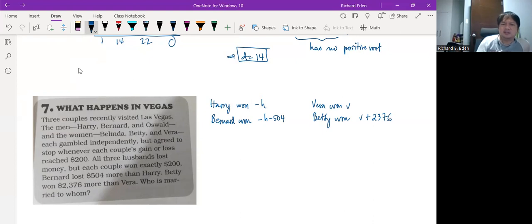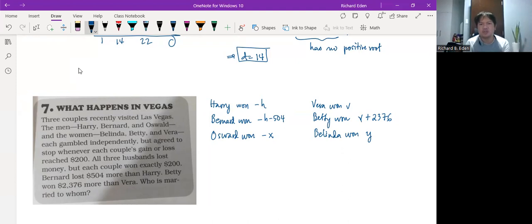And then Oswald negative x. Then Belinda y. So all the new letters that I introduced here, H, V, X, and Y, these are all positive.